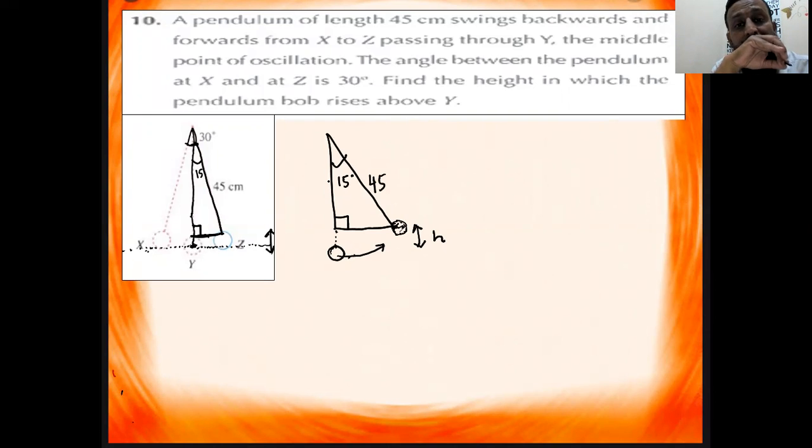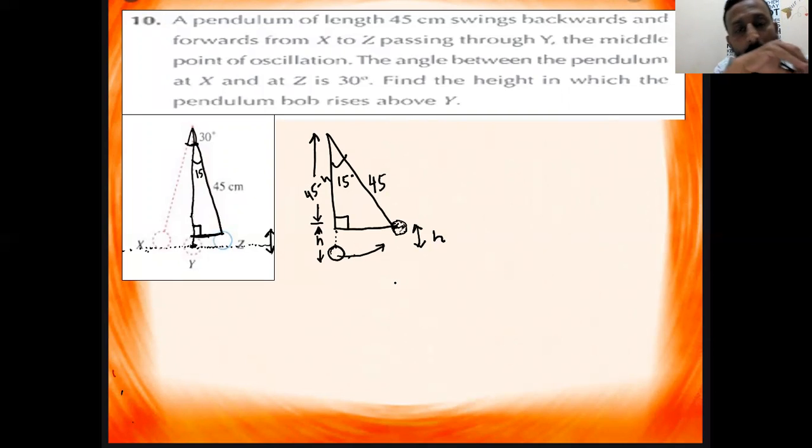That is the adjacent length. As I told you, this much is height h. So what will be this much length? It will be 45 minus h. 45 minus h.